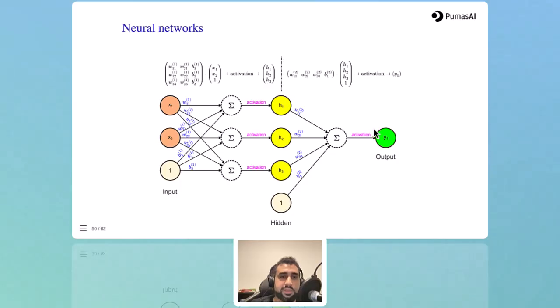You can define it to be any kind of function you want, depending on the desired domain of the outputs. If I want the output to be positive, this has to be a function that outputs a positive number. If I want the output between 0 and 1, this could be the sigmoid or logistic function, and so on. So the output layer activation function will often be slightly different from the rest of the hidden layers.